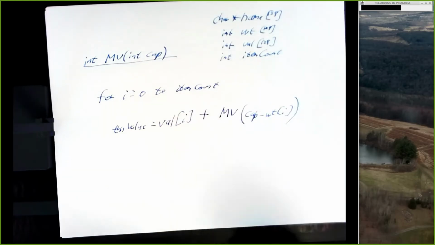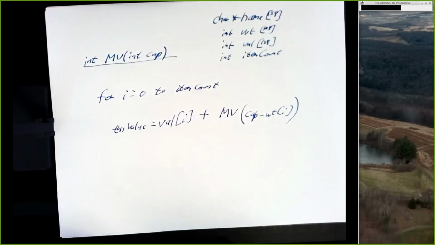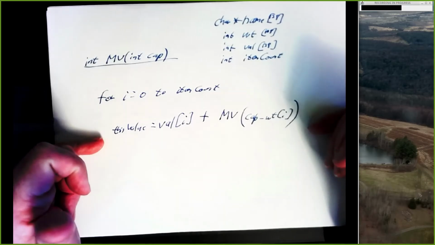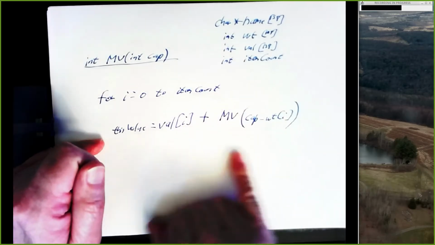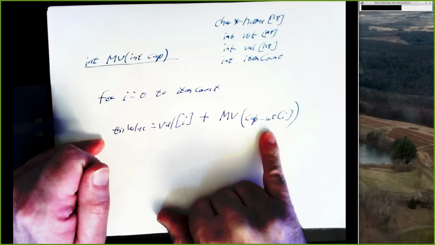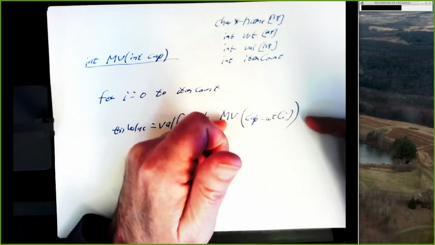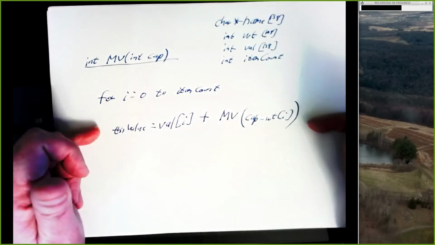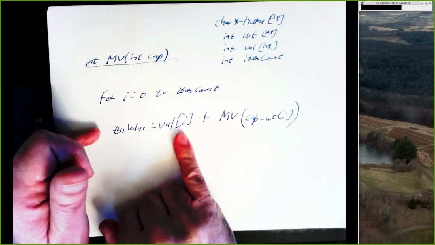And if I add those together, that'll tell me the best possible value I can get by putting item I into my bag. So that's the core of the whole MaxVal function. Take the value of item I, reduce your capacity by that item's weight, find the MaxVal of that reduced capacity, add the value of I. That's how much value I can get if I put this item into my bag.